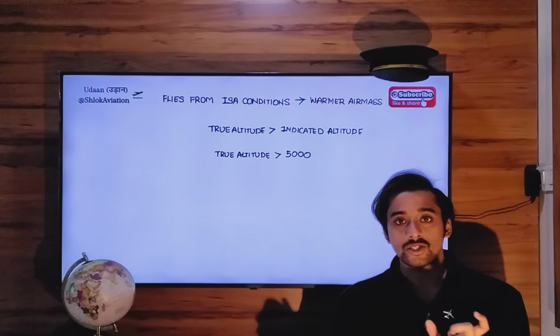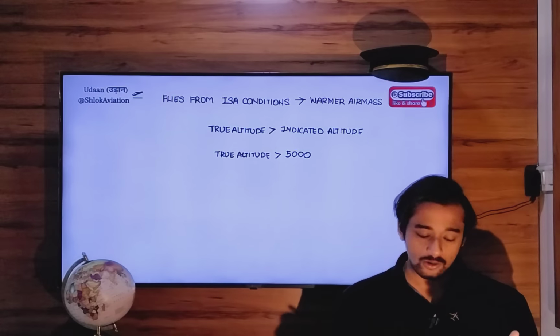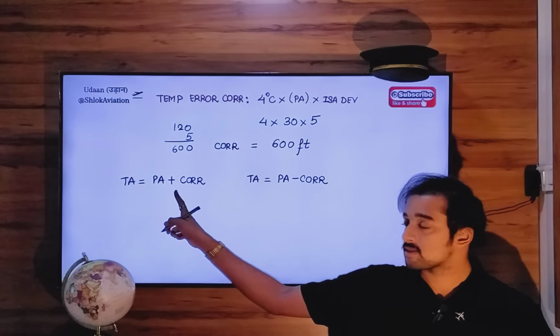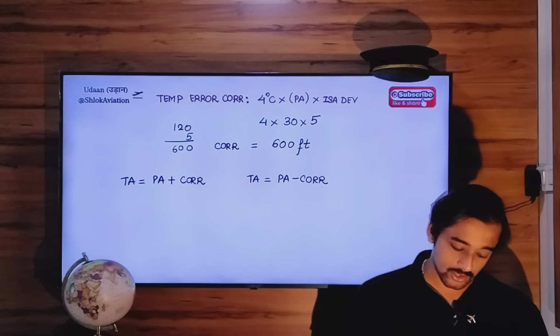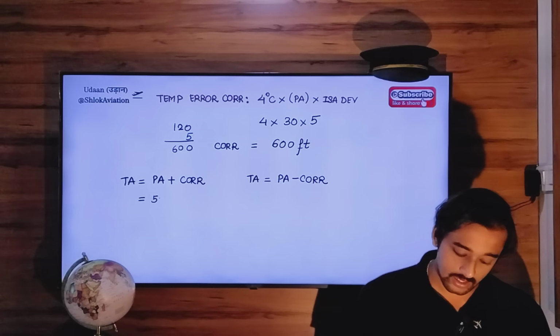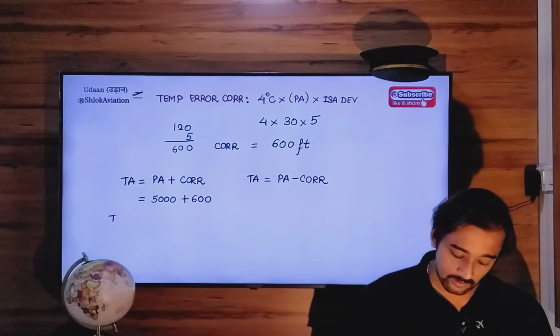So if true altitude is more than 5000 feet, we will have to use the addition formula, right? So substitute the values. Pressure altitude equals 5000 and the correction is 600. So true altitude will be 5600 feet.